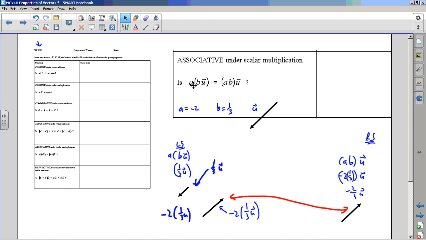Because it didn't matter whether I multiplied in the brackets and then took a scalar multiple of that vector, or I just multiplied the scalars first, this is the same as this. It doesn't matter. Okay? And now you're going to stop this video, and then you're going to do this activity and then come back to the note.